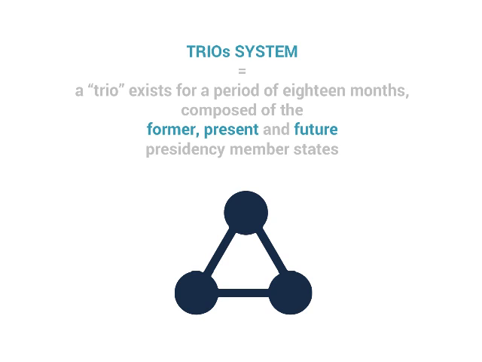Under this system, each trio exists for a period of 18 months, composed of the former, present and future presidency member states working together to coordinate the work of the presidency between them. The primary role of the EU member state actually holding the presidency is to chair council meetings and to broker the adoption of legislation both within the Council itself and between the Council and the other EU institutions.